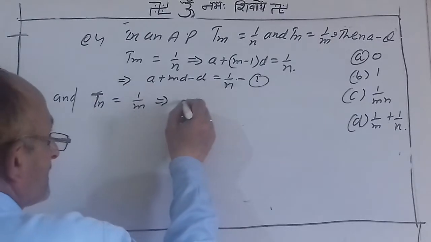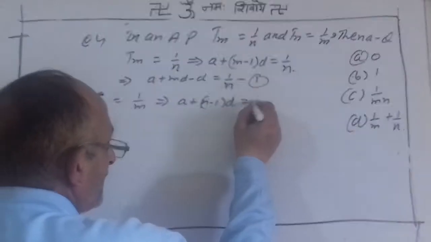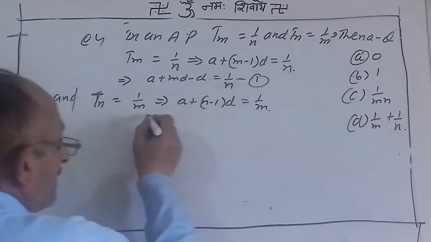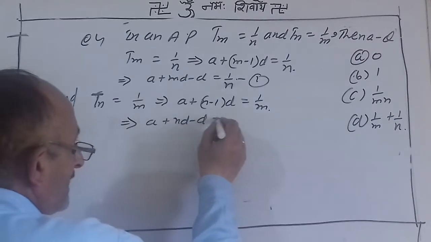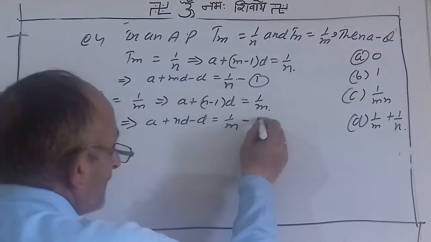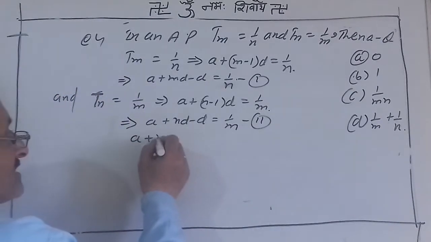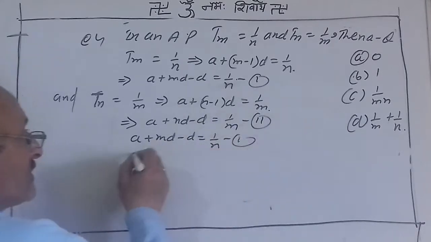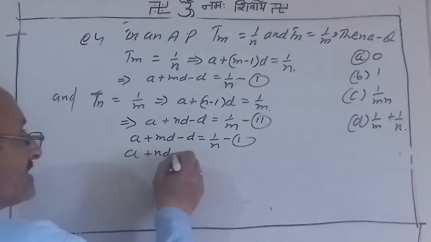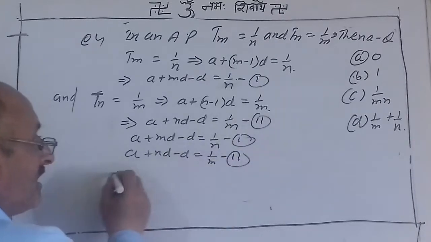This implies a plus n minus 1 into d is equal to 1 by m. This implies a plus nd minus d is equal to 1 upon m. That is your second equation.